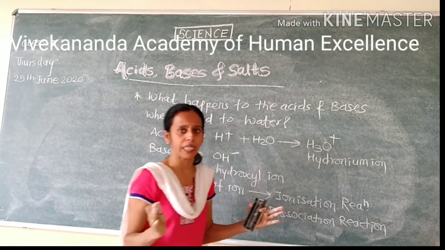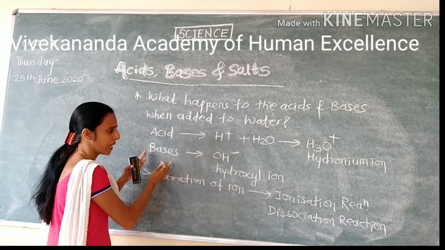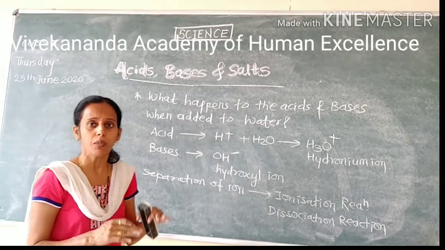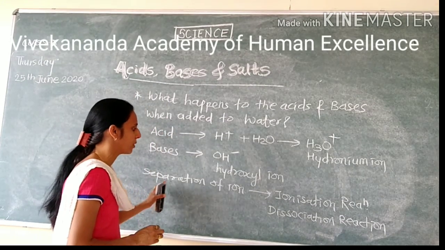Dissociate means get separated. This is common to the compound, whether it is an acid or base: when added into the water, that is, when an aqueous solution is formed, separation of ions takes place.